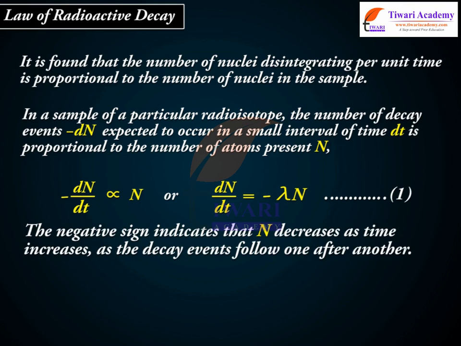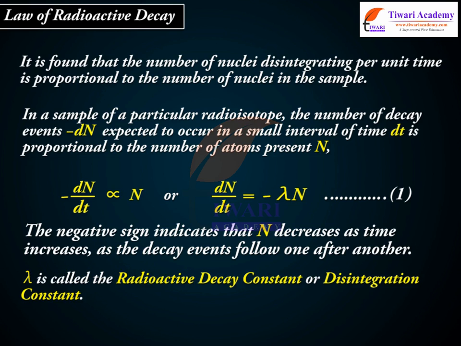The negative sign indicates that N decreases as time increases, as the decay events follow one after another. Lambda is called the radioactive decay constant or disintegration constant.